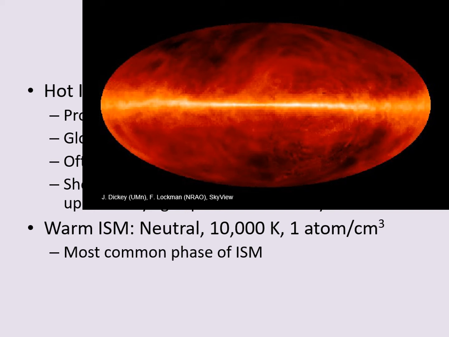The hydrogen gas in the warm ISM is mostly neutral, though some of the heavier elements can still be ionized. It's much too cool to produce any X-rays, but it does emit radio waves with a wavelength of 21 centimeters. Studying this radio light allows astronomers to map out the bulk of the galaxy's gas, as shown in the image above.